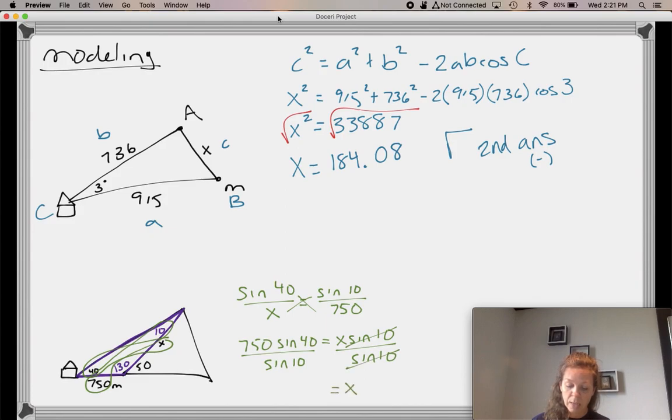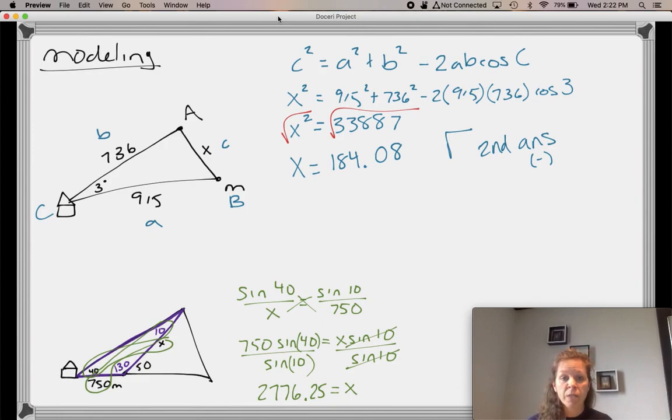Then I'll get that x alone on that side, and then I'm going to type this law of sines into my calculator, remembering that when I press sine, it opens parentheses, and I need to close them back up. So 750 sine of 40 and close them back up, divided by sine of 10 and close them back up. And I get that x is 2776.25 meters. Okay, so that's how long the hike would be up the mountain.